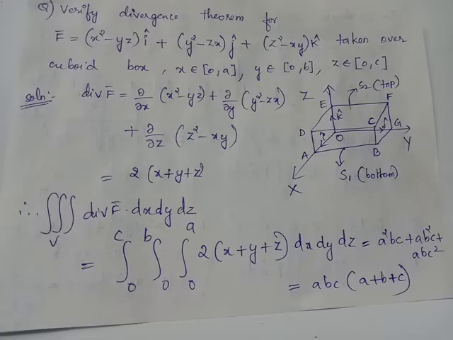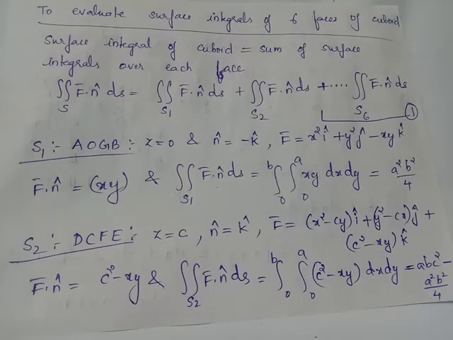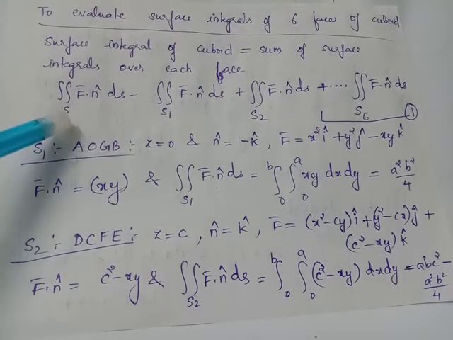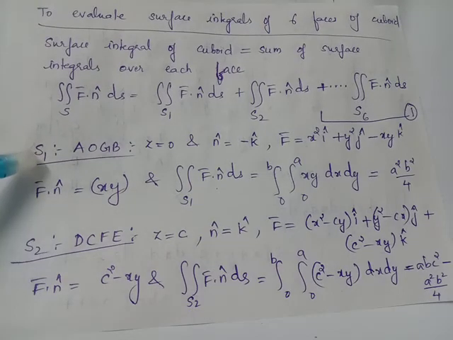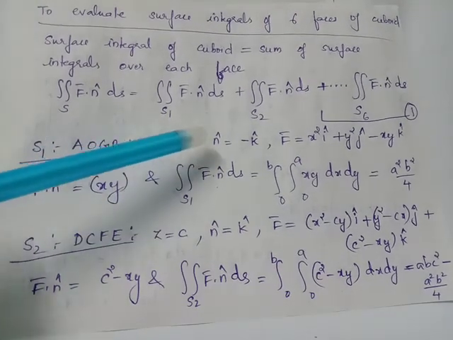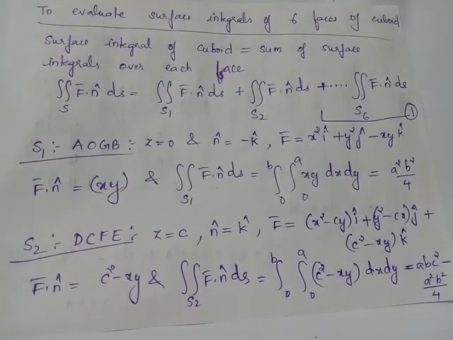etc. up to S6. The total surface integral of the cuboid box represented using this expression will be the sum of the surface integrals on each of the surfaces S1, S2, etc. up to S6. With respect to surface S1, z equals 0 and n cap equals negative k is satisfied.